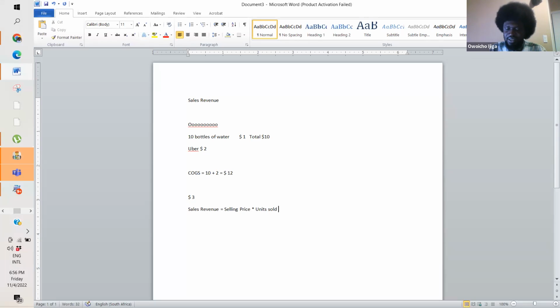In this case, the unit means for one. So what is the unit selling price? It is the selling price for just one, and it is equal to $3.